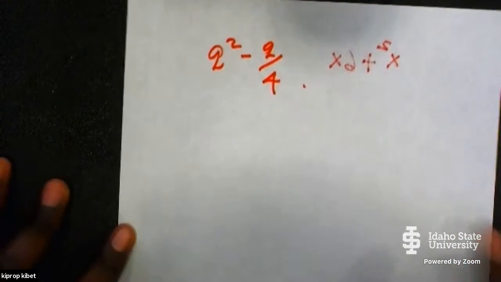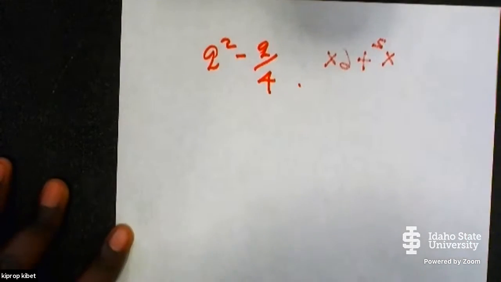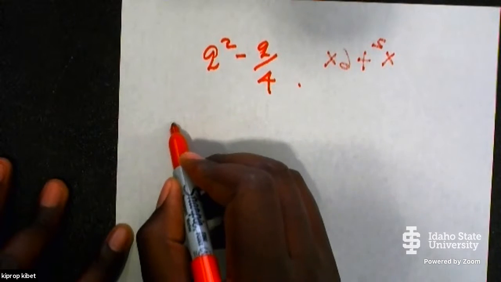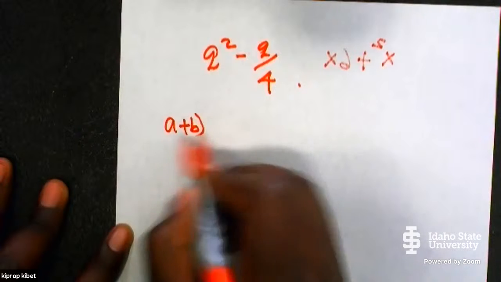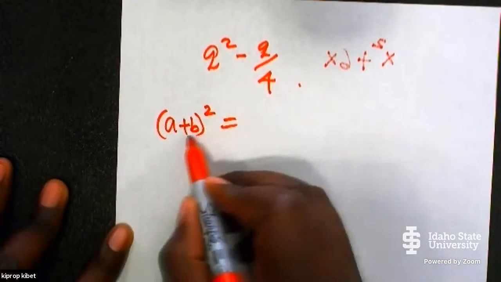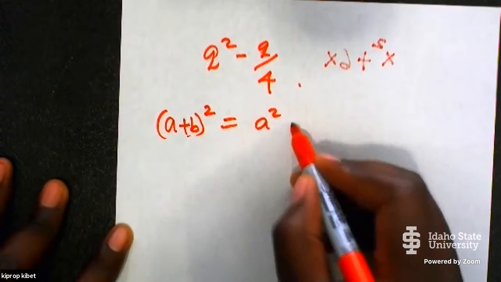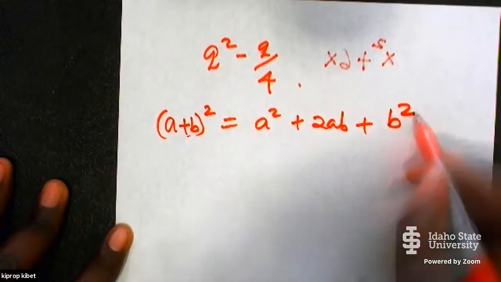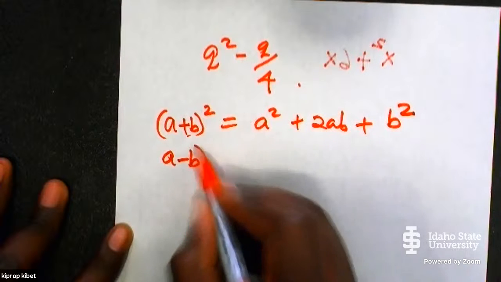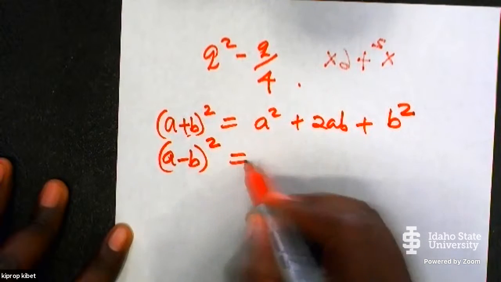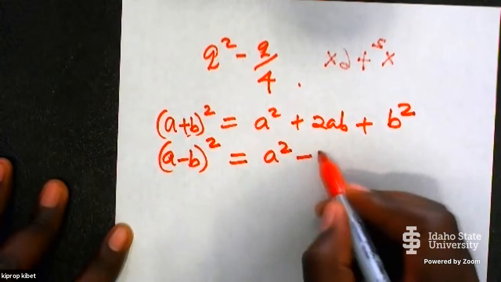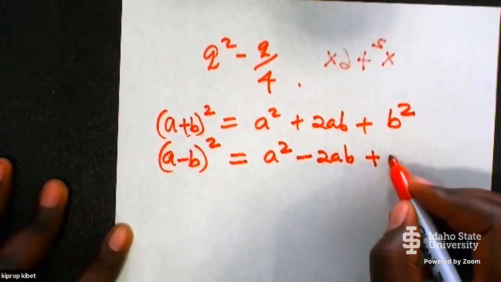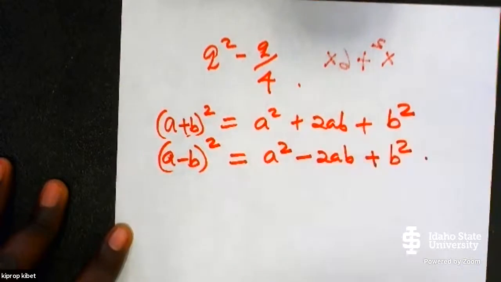Okay, so we want to complete this square. A plus b squared is similar to a squared plus 2ab plus b squared. A minus b squared equals a squared minus 2ab plus b squared.